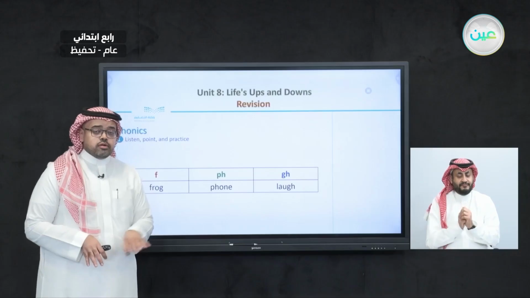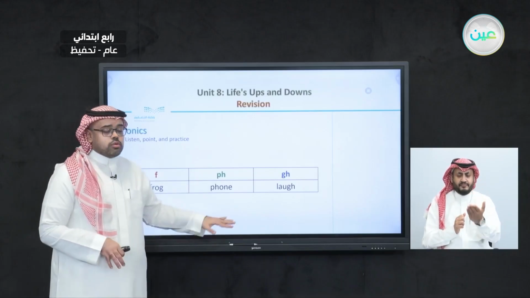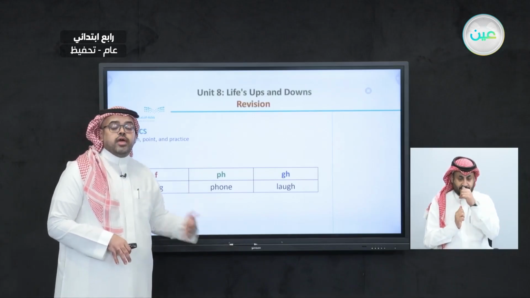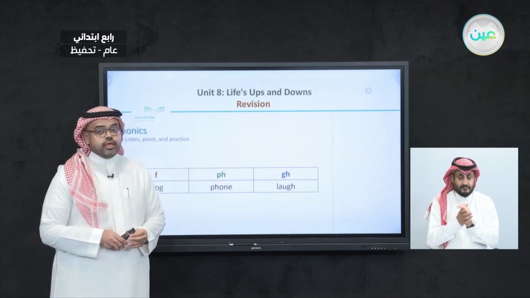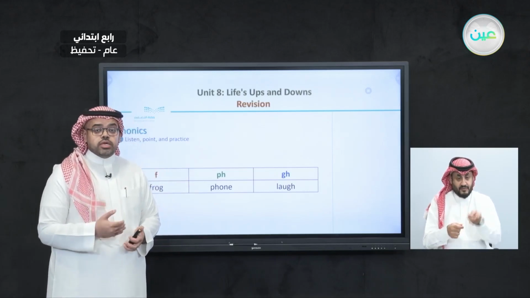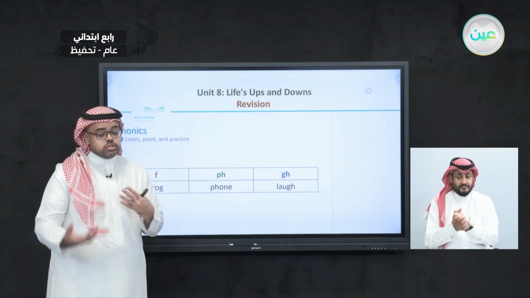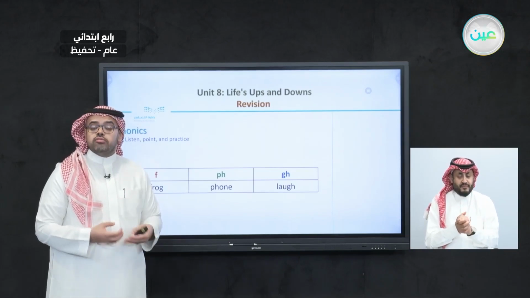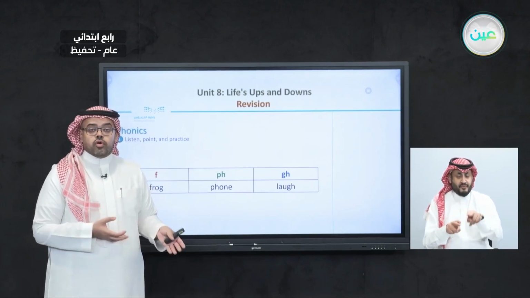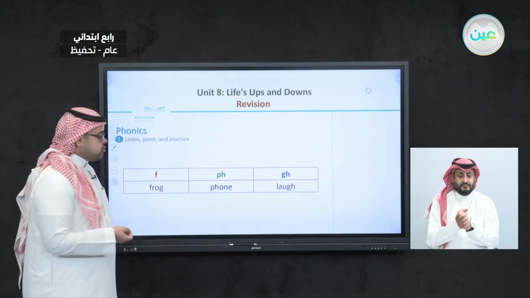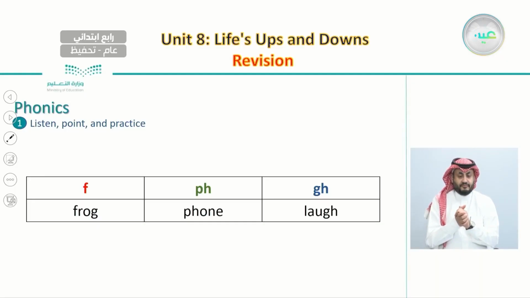Let's listen first to the words, and after this I would like you to repeat after me so we can all together recognize the different sounds from these words. The first word, as you can see here, is frog. Say with me. Frog.